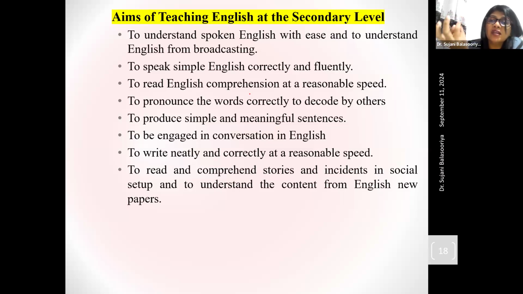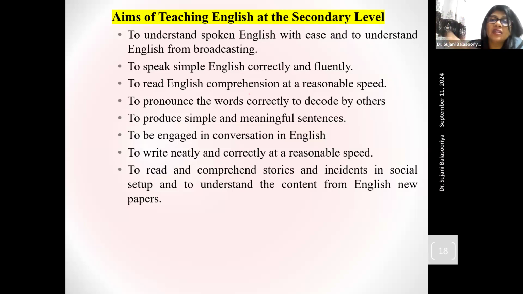Because why? In broadcasting, we find the standard varieties. We never ever find the dialectal variations, no? Right? We find the standard variety, either British or American standard. And still, if you watch Sri Lankan news, we find standard Sri Lankan English also in broadcasting, not only news broadcasting, right?